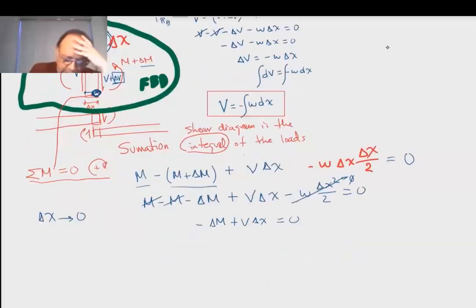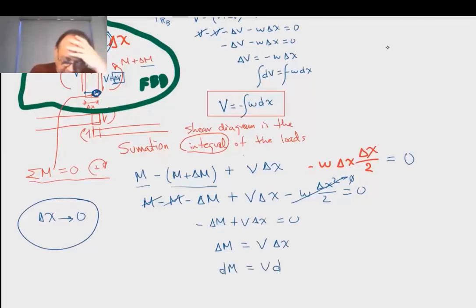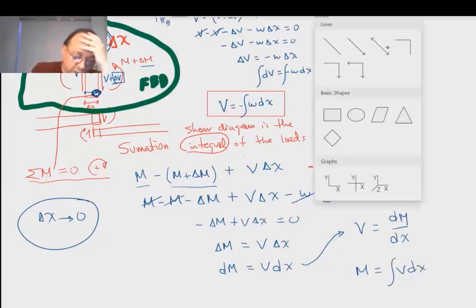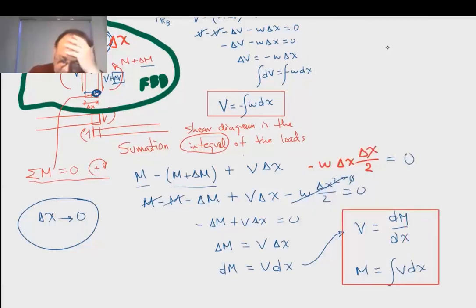So delta M equals V delta X. So I have two expressions here. When delta X tends to 0, I have dM equals V dx. I can take the integral on both sides and say M equals the integral of V dx. This is the result that I wanted to get here, which is going to help us do the diagrams.